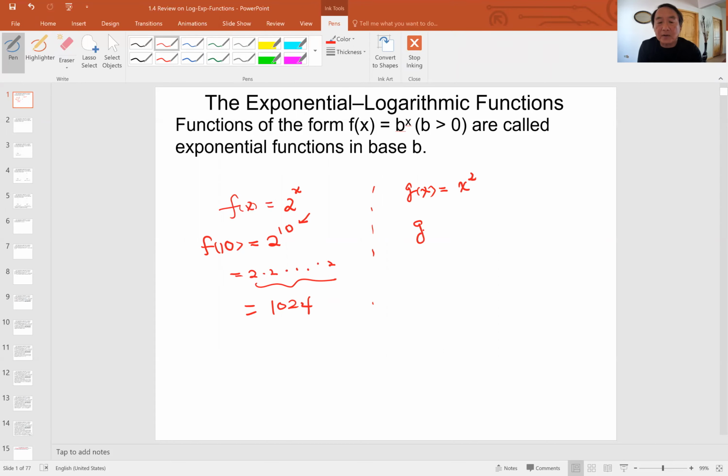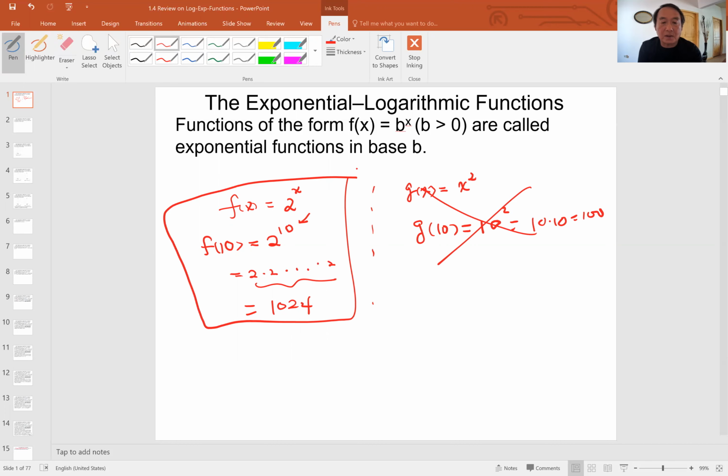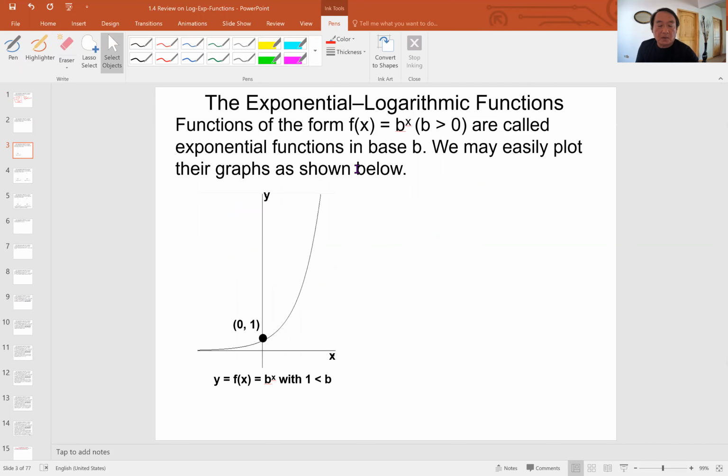But on the other hand, with squaring, you're changing the base. When you put x equal to 10, there are 2 tens multiplying, and it's only 100. So this is a polynomial, and this is the function we are talking about. The graph of y equals 2 to the x looks like this if you chart a table.